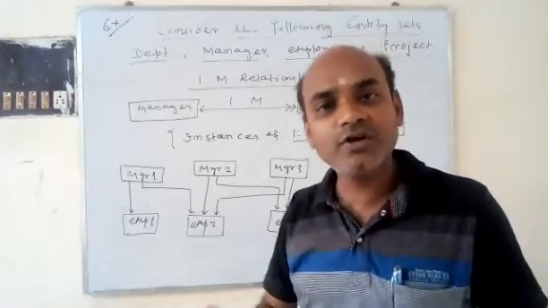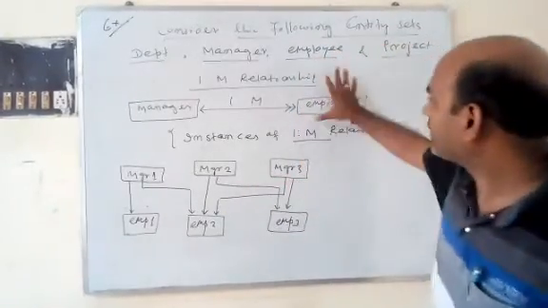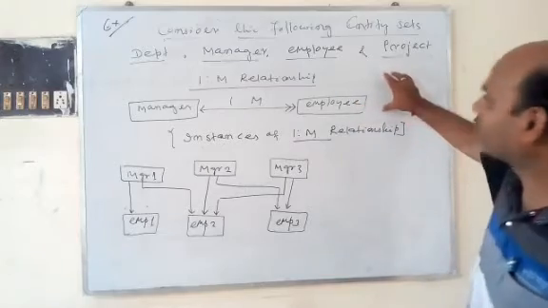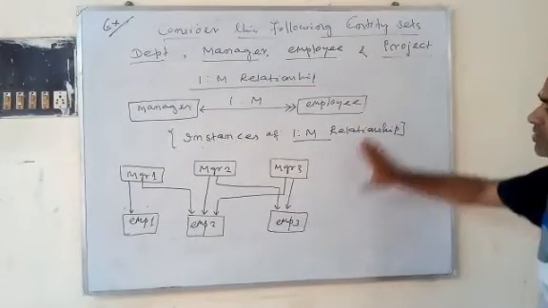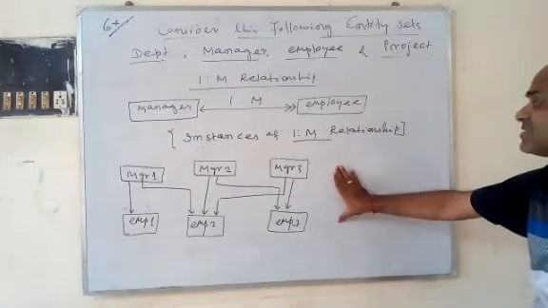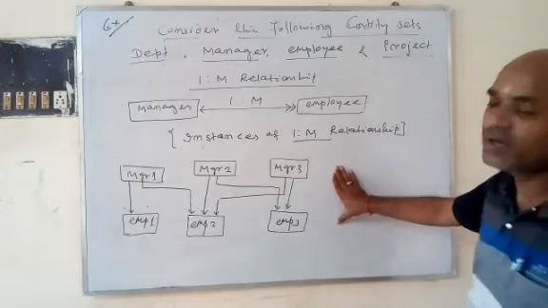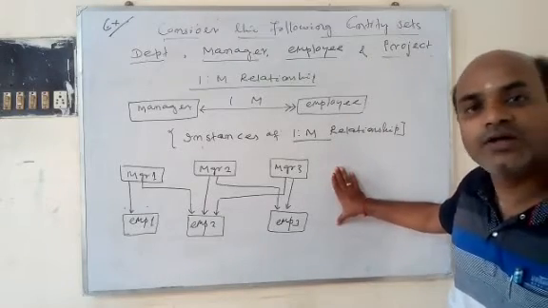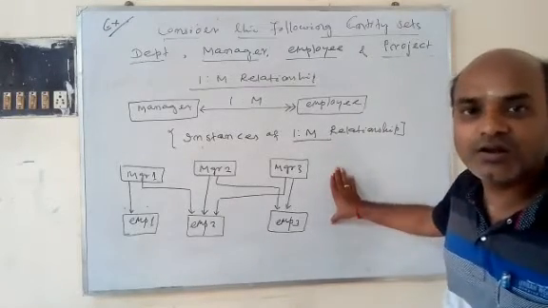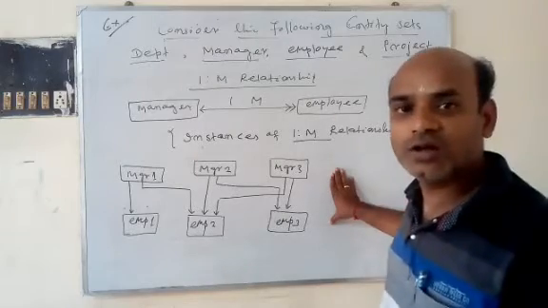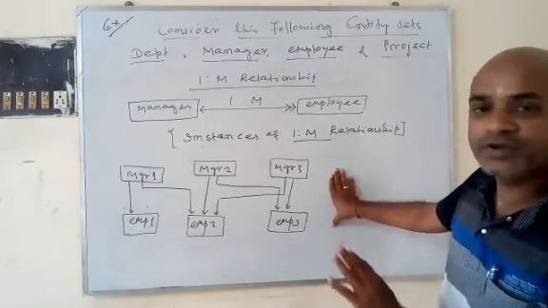Okay, this is clear to all? Remember, this diagram is for one-to-many relationship, and this is the diagram for different instances to represent one-to-many relationship. Okay, so one-to-one relationship is clear. One-to-many is also clear. Many to one is also represented.